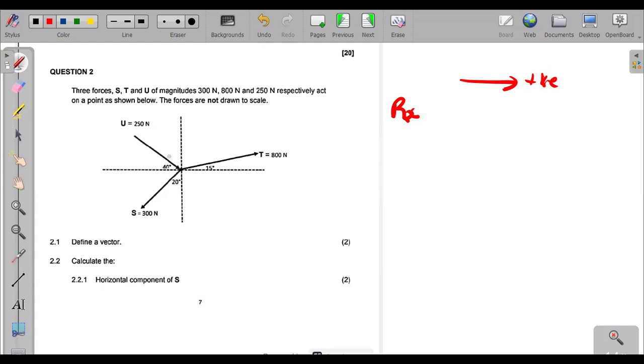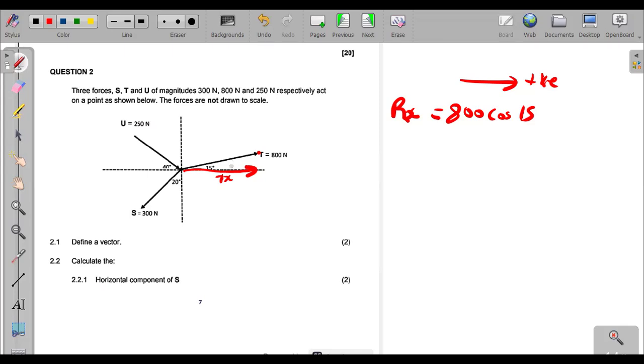Starting with the 800, we already calculated the vertical component. Now, this is the horizontal component of T. So it is going to be given by 800 multiplied by cos 15 using the trig ratios. So that's our Tx there, or our Fx due to T.